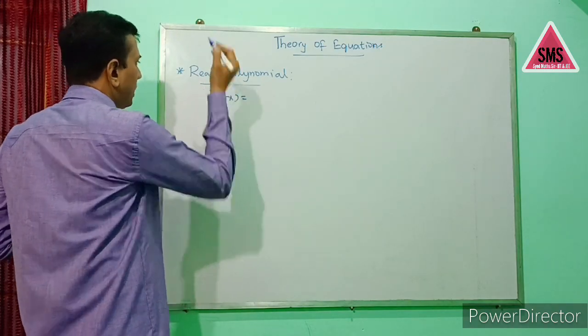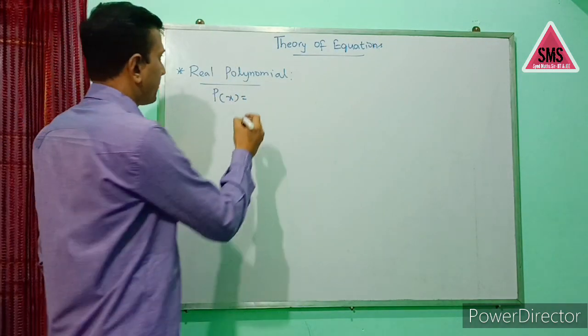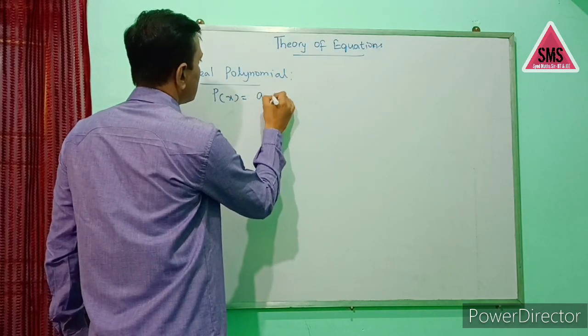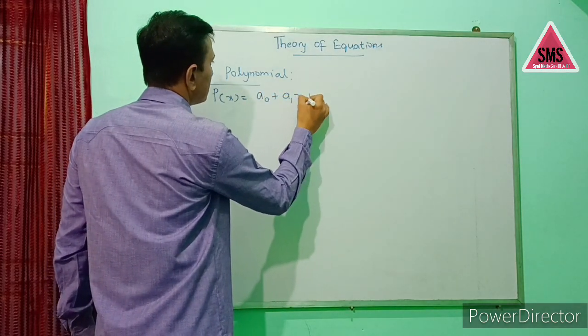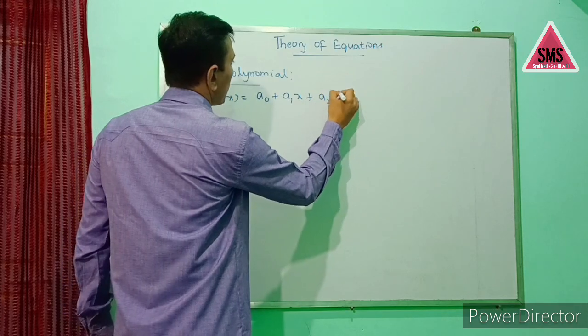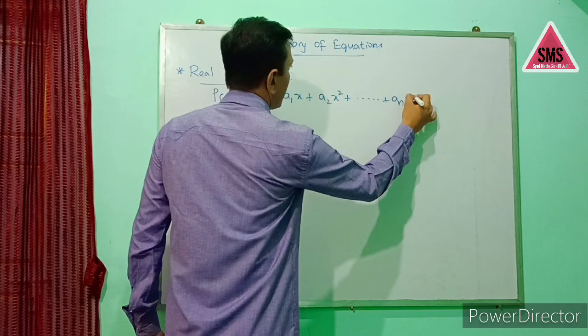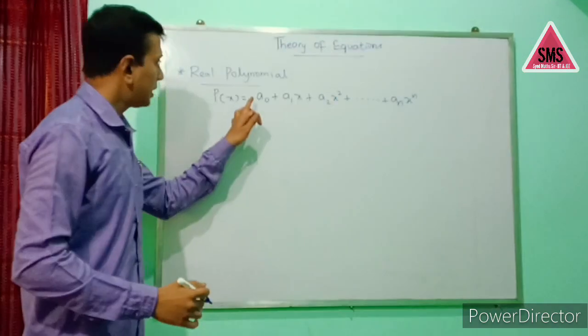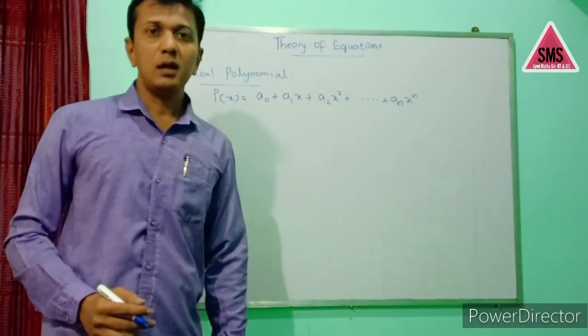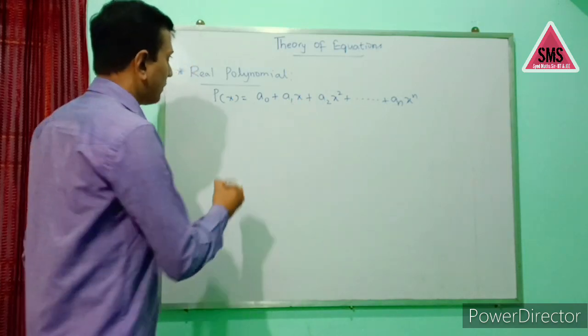P stands for polynomial. P of x is equal to a naught plus a1x plus a2x square and so on up to an x power n. Here, what are the real polynomial coefficients? Real coefficients.